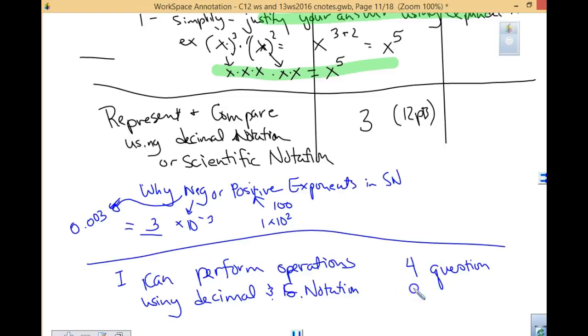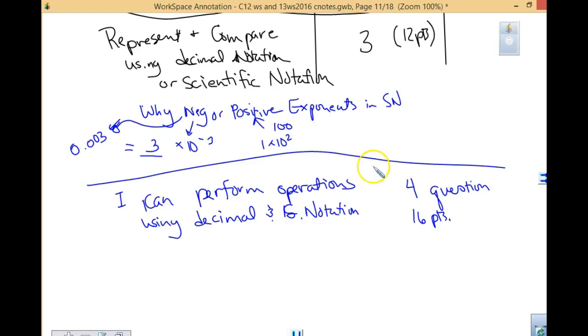But again, there are 4 questions, it's 16 points on the test Wednesday. So when I am looking at those types of questions, this is very much like the C12 worksheet, that review. I tried to point out ones to make sure you go over, really look at this one.